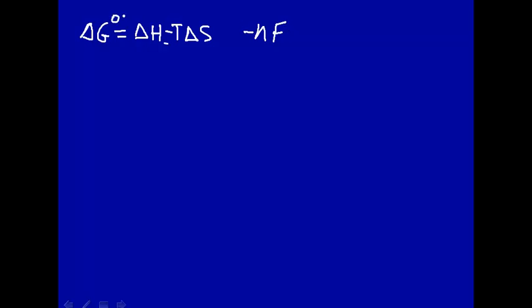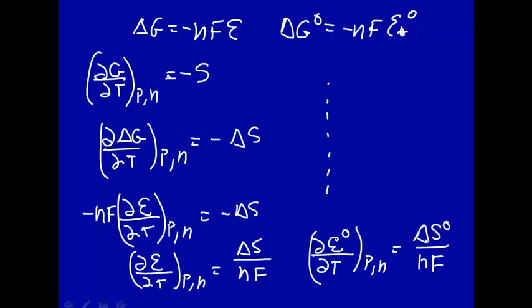Let's make this standard state: minus NFE0 is just equal to delta H0 minus T delta S0. But look at this, we just found that delta S0 is NF times how E changes with T. So we just solve this for delta S and plug it in over here.